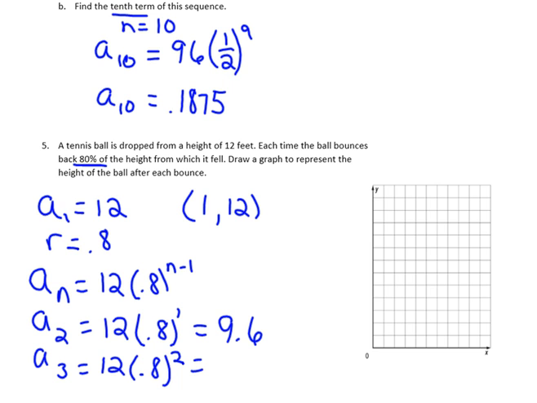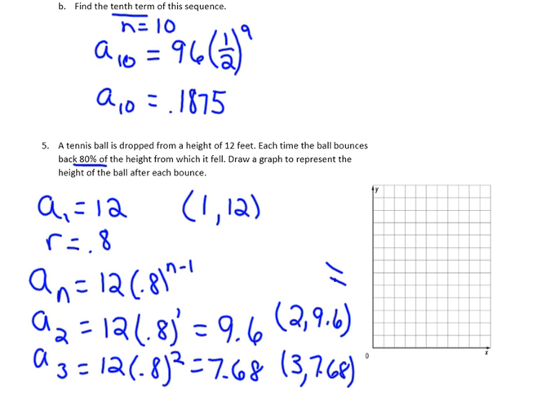This should be the second. I have the right number, I just didn't list my formula correctly. 7.68. So this would be the point (1, 12). The second term would be the point (2, 9.6). The third term would be (3, 7.68).